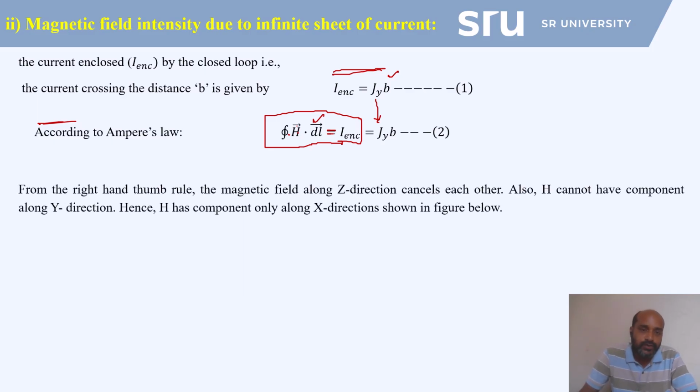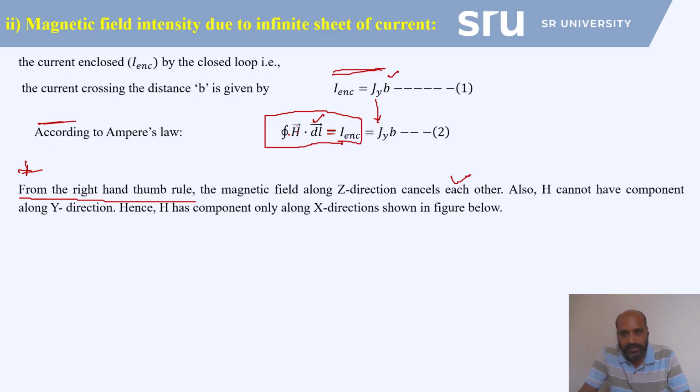But we need to note 2 points here. If you apply the right hand thumb rule, these are the two key points when calculating the magnetic field intensity due to an infinite sheet of current, which we should not ignore. From the right hand thumb rule, the magnetic field along the z direction will cancel each other.